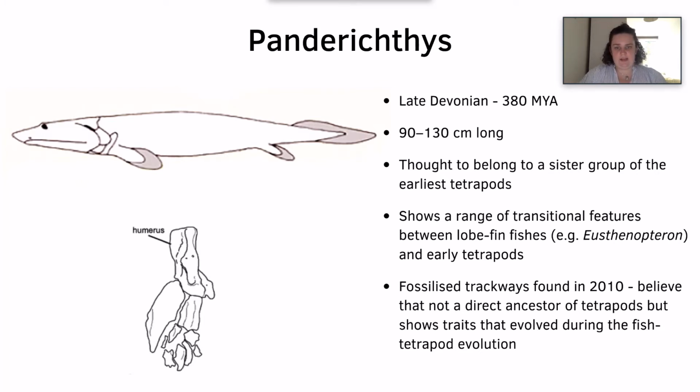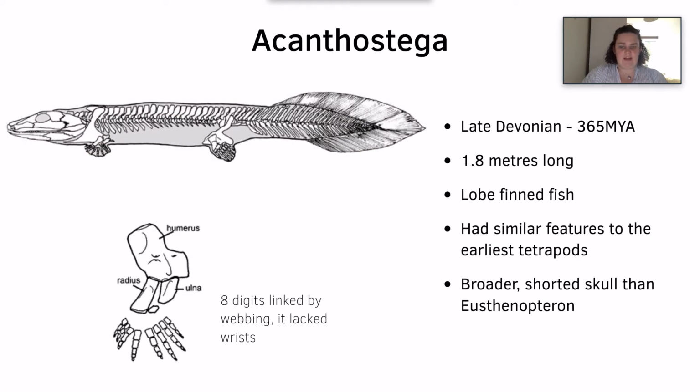We then move on to a more advanced tetrapod known as Ichthyostega, a primitive tetrapod from the late Devonian, around 365 million years ago, and it was around 1.8 meters long. It's still classified as a lobe-finned fish, but it had similar features to the earliest tetrapods, such as a broader, shortened skull than Eusthenopteron.